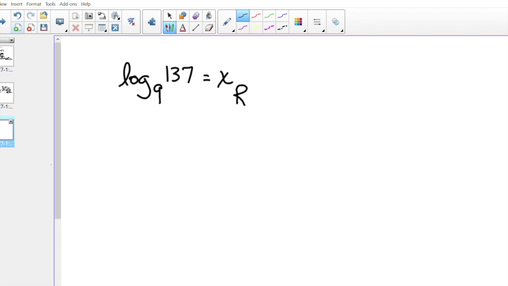So remember, we rewrite this as the base to what power? That's the power we're looking for, and the answer really is equal to 137. Now again, you cannot change 137 to a power of 9.